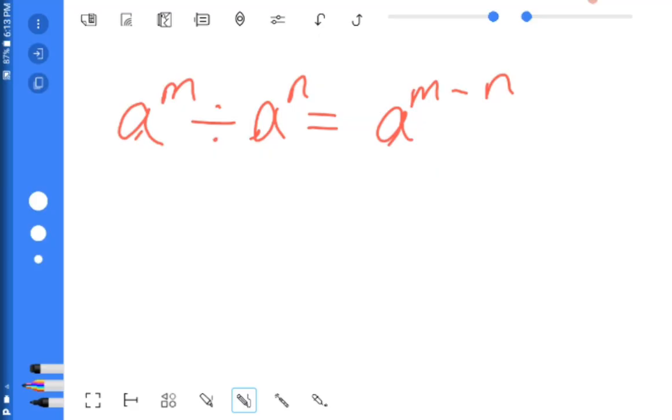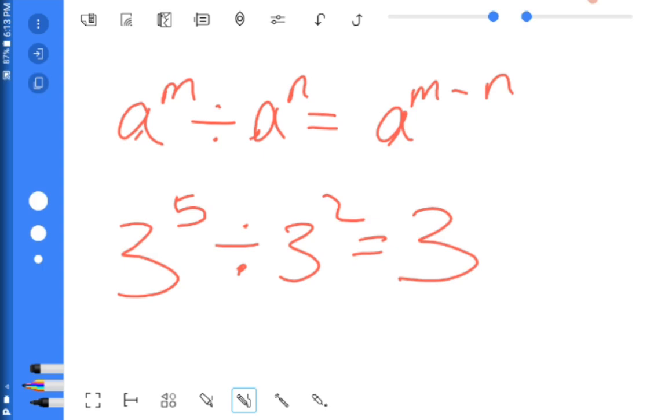So if you have 3 raised to the power 5 divided by 3 raised to the power 2, your result will be that same 3. Then we subtract the power and we have 3 raised to the power 3. So that is work done.